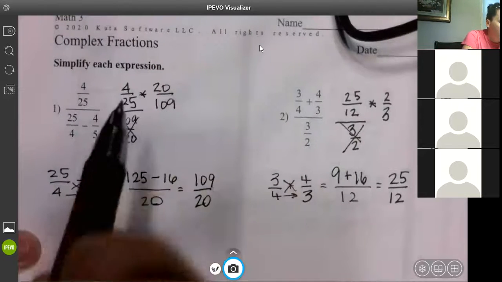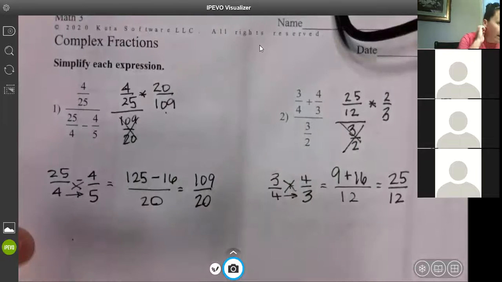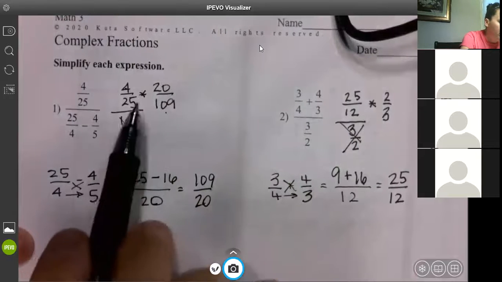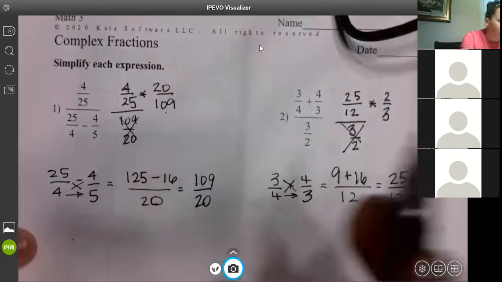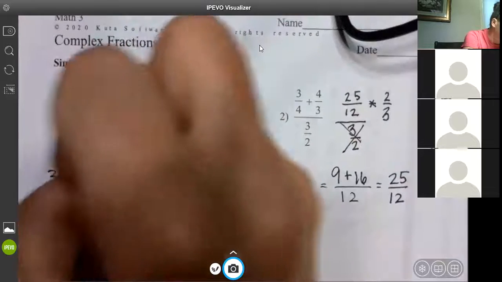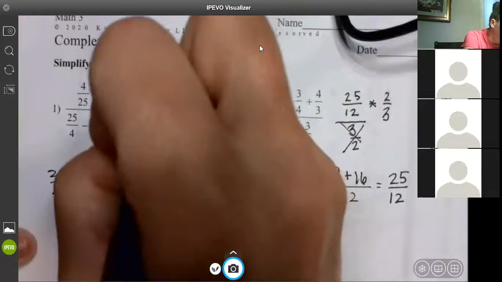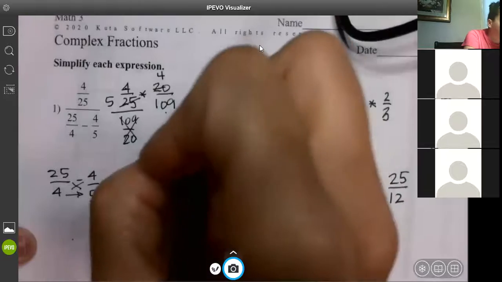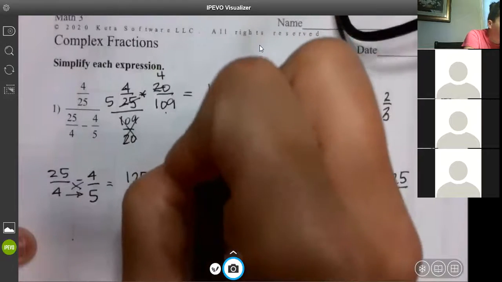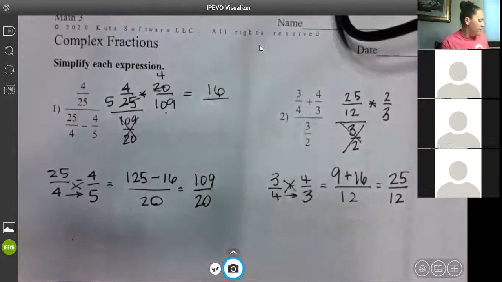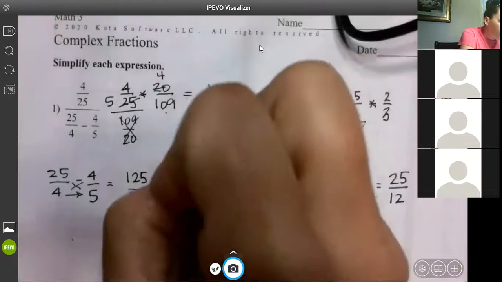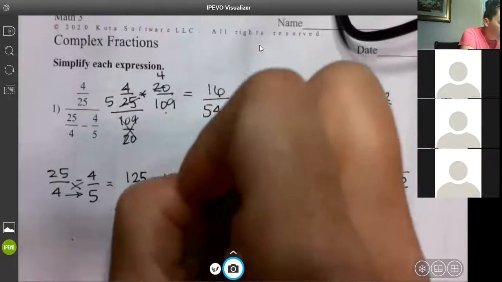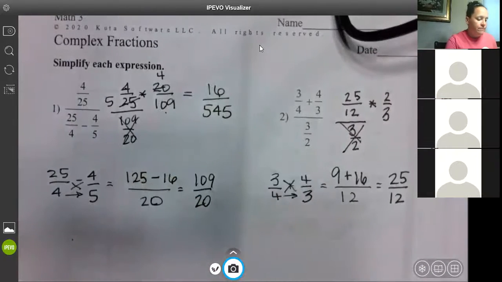So this goes away. 4 and 109 will not reduce, but 25 and 20 are both divisible by 5. So that changes this to 5 and this to 4. It won't reduce anymore, so just squish it across. 4 times 4 is 16. And then 5 times 109 is 545.